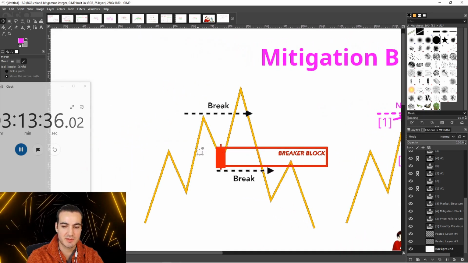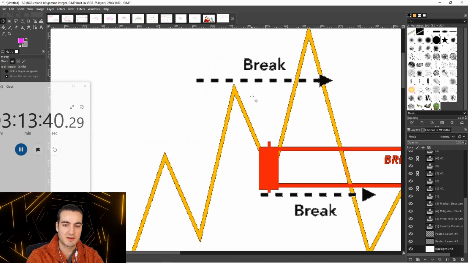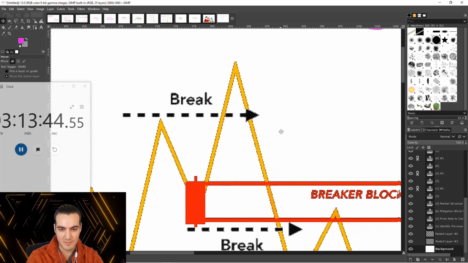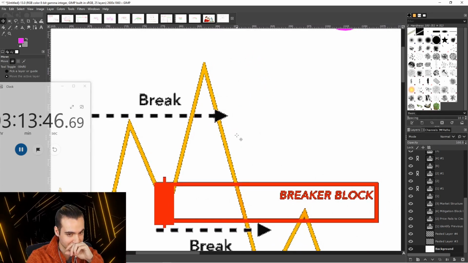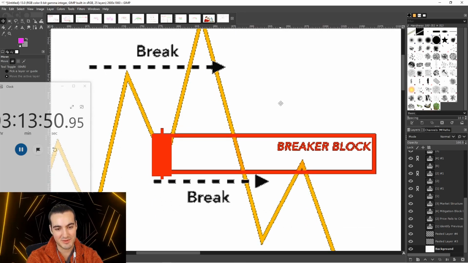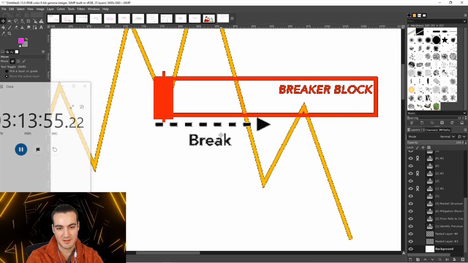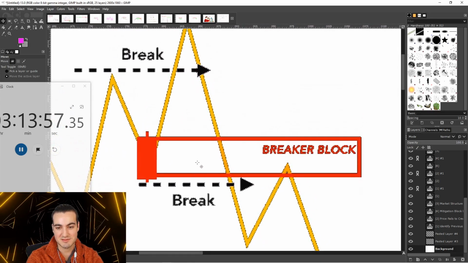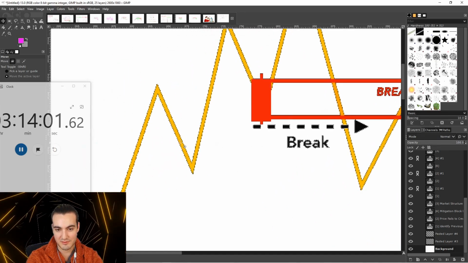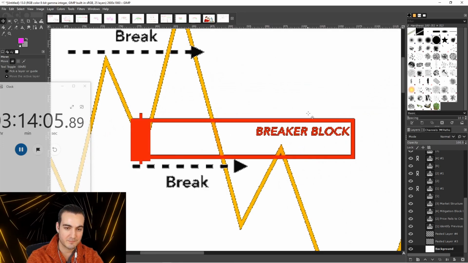So to make your typical breaker block, you have a series of higher highs forming break of structure, and then the breaker block forms after a market structure break. So instead of being a demand order block like it would have been for these other areas where we didn't have the market structure break, it turns into a breaker block.